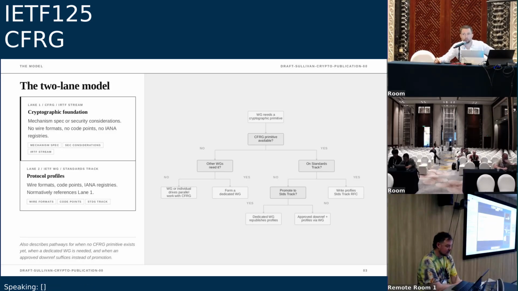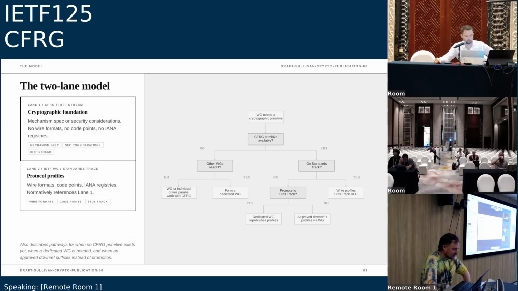So is there anyone wanting to comment on Nick's slides on the two-lane model, or we can move on? Yeah, just as a quick reminder for folks who weren't here at the first session, I have a personal draft, which is structured as a BCP, but describes different ways through which primitives can be specified at the IETF in conjunction with the CFRG.